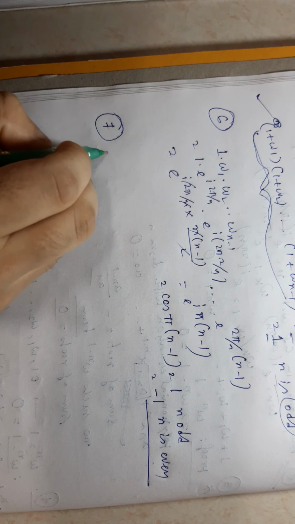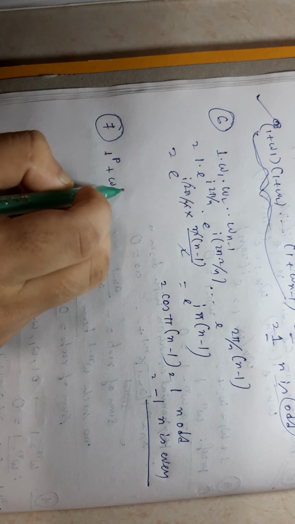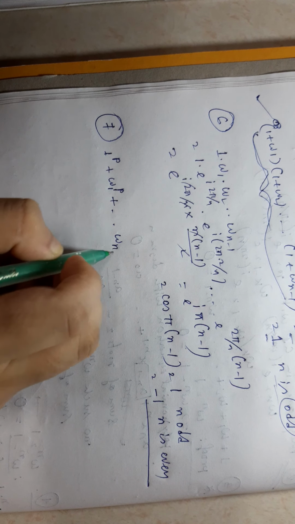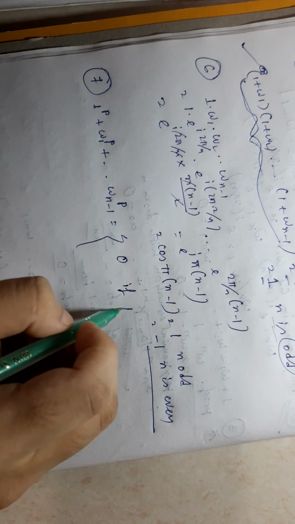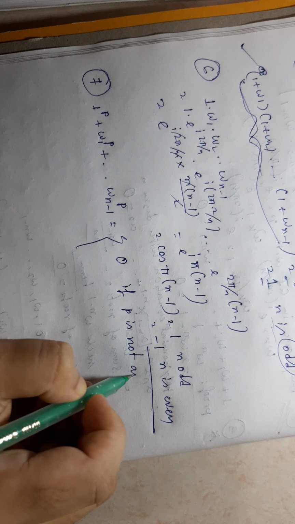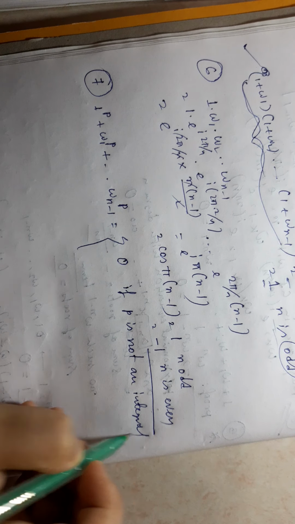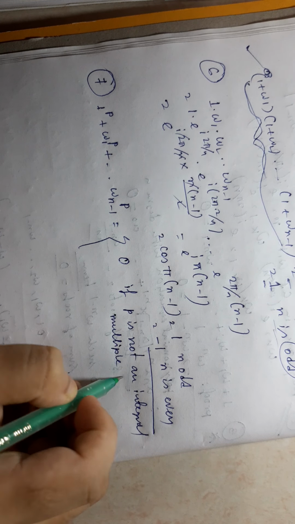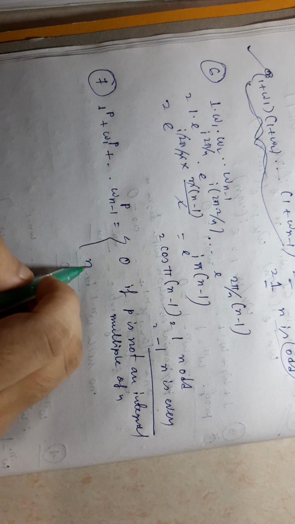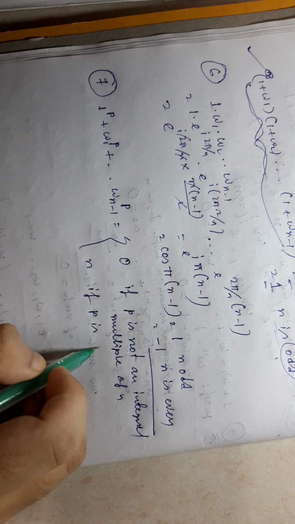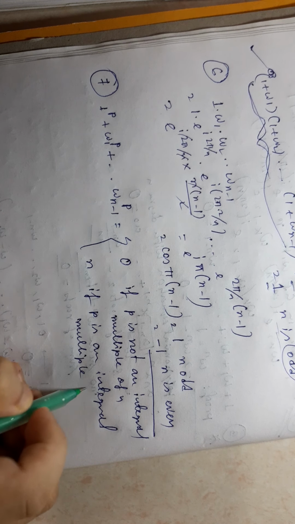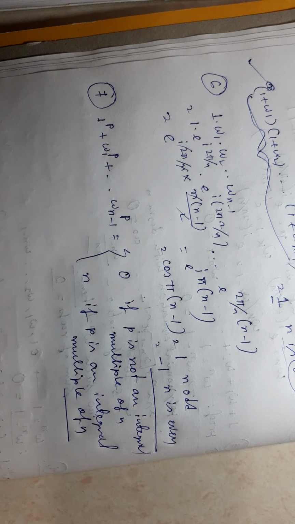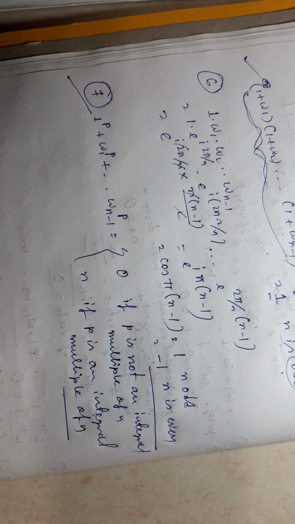That is, 1 to the power p plus omega 1 to the power p plus dot dot dot omega n minus 1 to the power p is equal to 0 if p is not an integral multiple of n, and it will be n if p is an integral multiple of n. So we have now discussed the 7 important properties of the nth roots of unity.